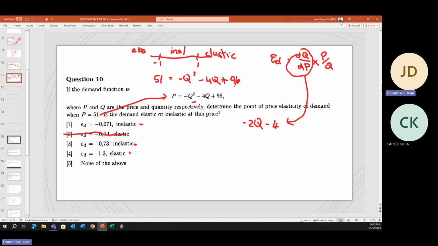Then it is 96 minus 51. So let's see. Then it would have been 0 is equal to minus q squared minus 4q plus 45.